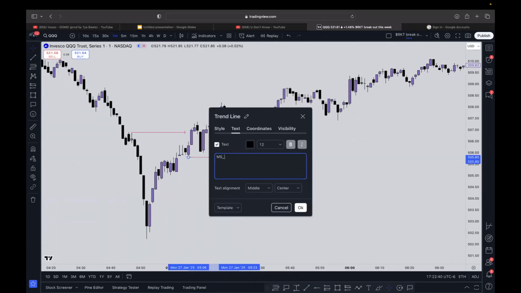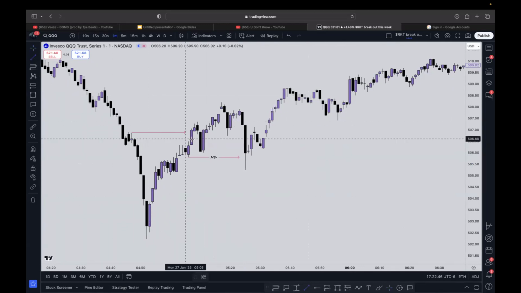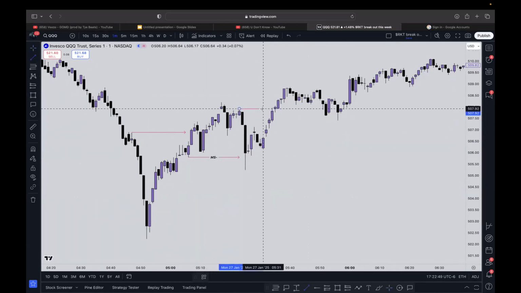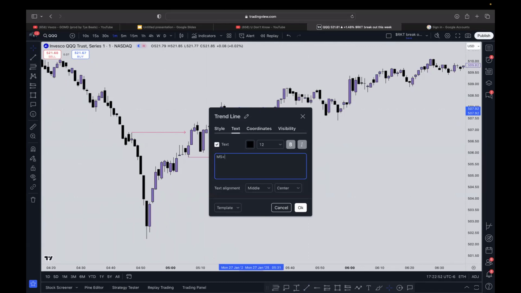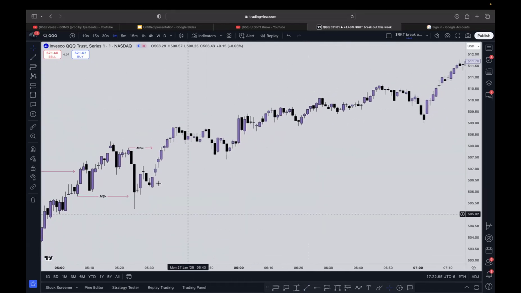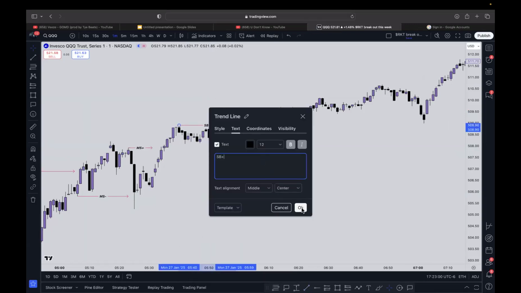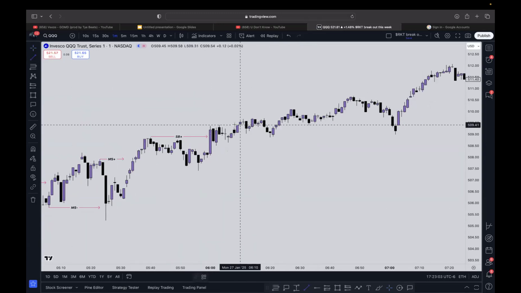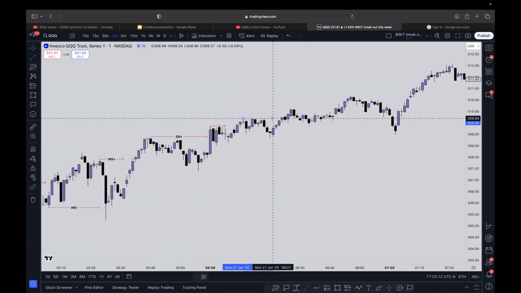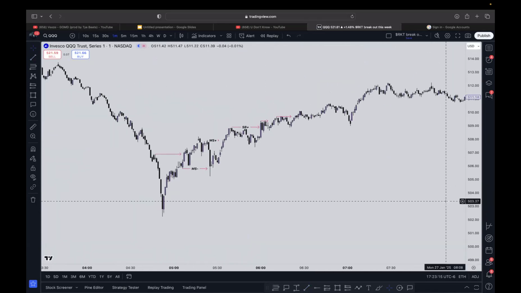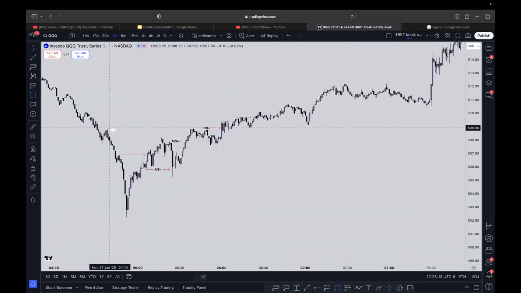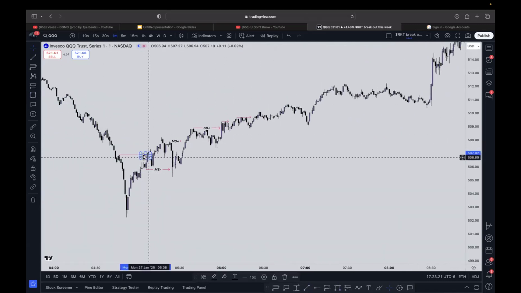So right here, we have a shift to the downside. Here we have one back to the upside. And then from here, we continue to be bullish. Structure break. Structure break. So 1 minute time frame, we became bullish as soon as we broke here.